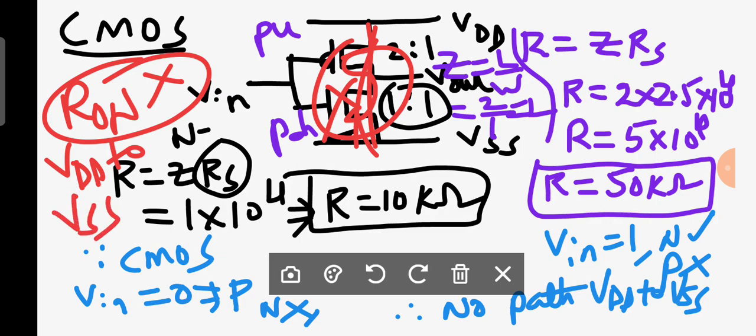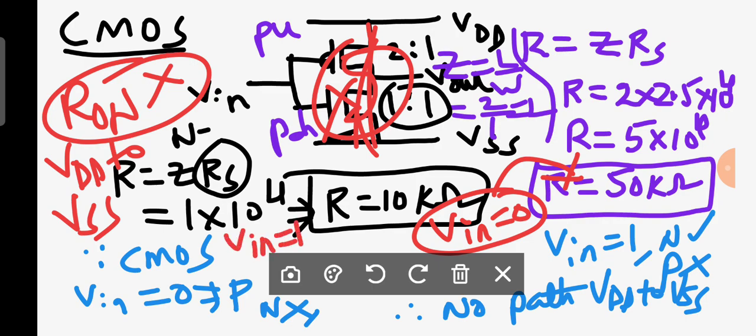But you have an on resistance here. If Vin equals 0, the on resistance for PMOS is 50 kilo ohm. Similarly, when Vin equals 1, the on resistance for NMOS is 10 kilo ohm. Is it clear, all of you? Like this, individually you can talk about the on resistance in this CMOS inverter.